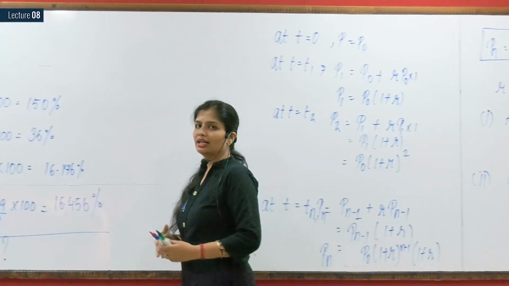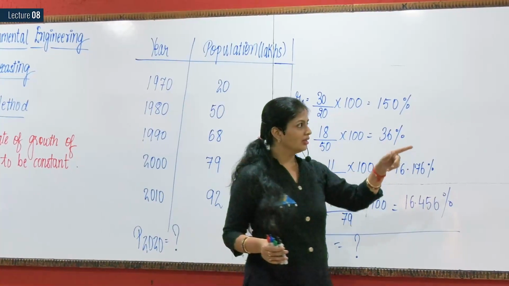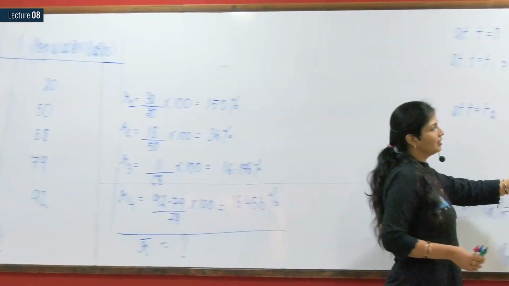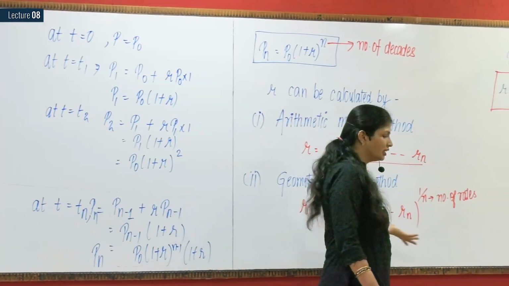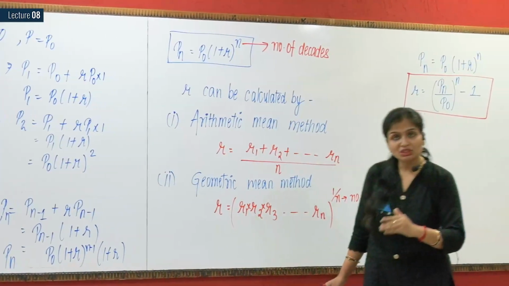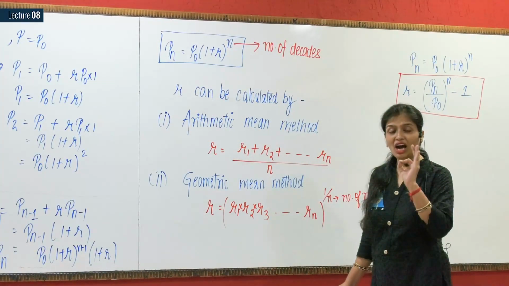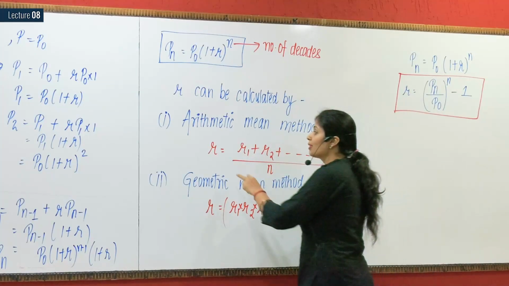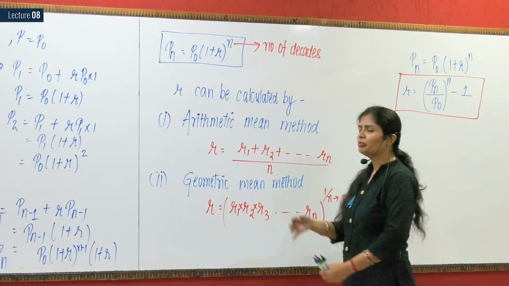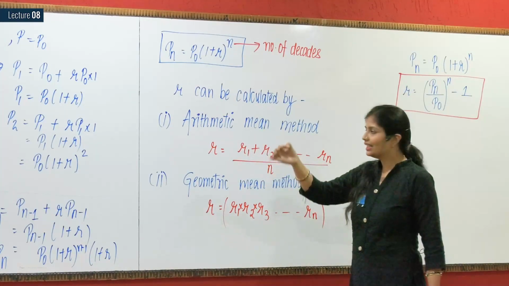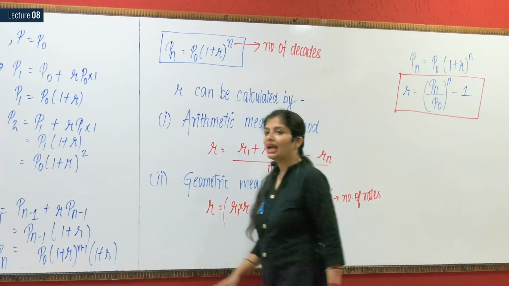And the reason, see, in the field what happens: out of these 2 methods, the arithmetic mean method and the geometric mean method, the value of R comes out to be more in case of the arithmetic mean method, while it comes out to be comparatively less in case of the geometric mean method.